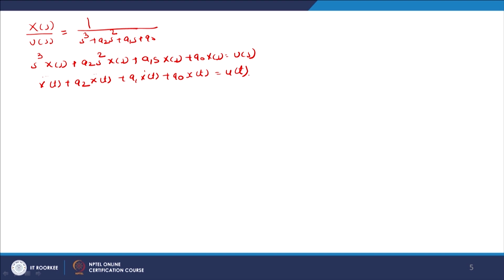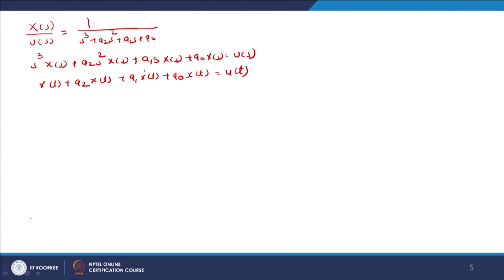You see here. Now, we use the approach of getting the model which we have seen last time, that is, you have to take the output as the first variable and the remaining variables are the derivatives of the output. Last time we had output y, so we took x1 equal to y, but here we have taken the variable as x.